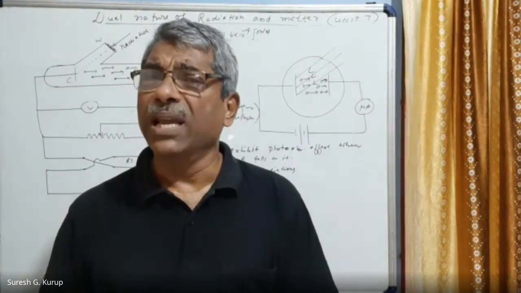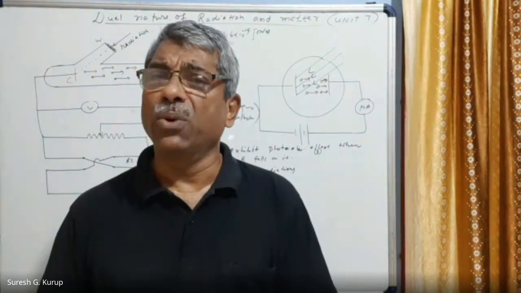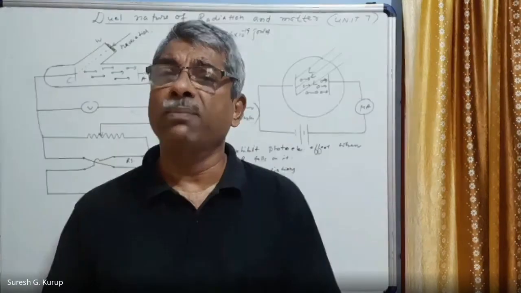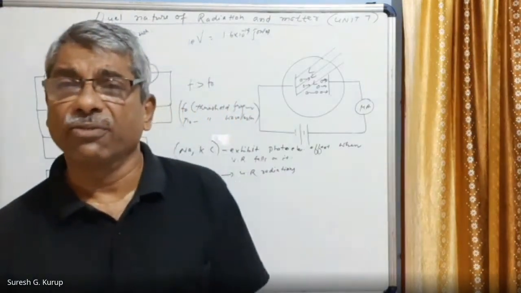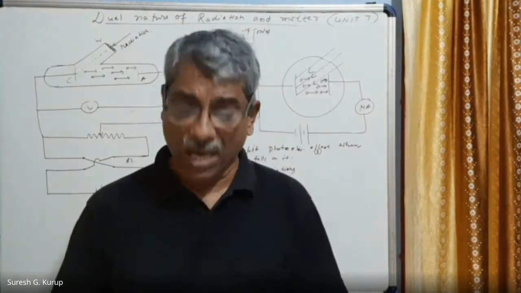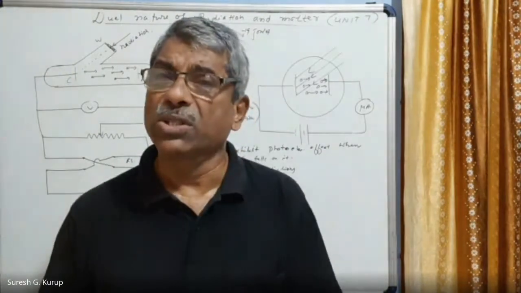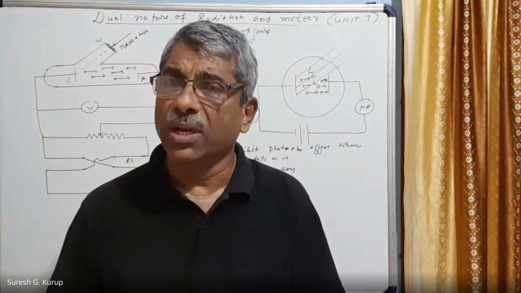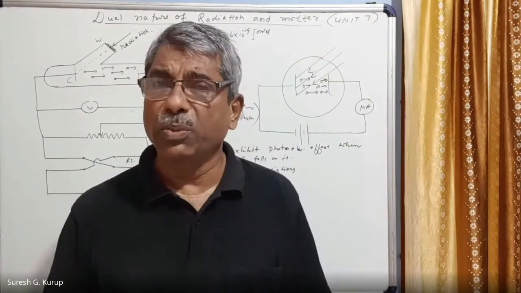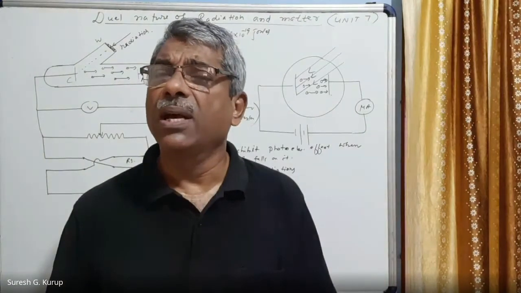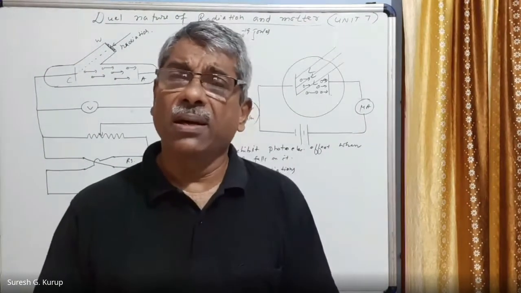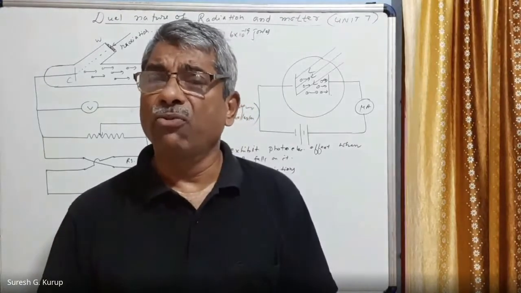That means when the energy of the photon is equal to the work function of the metal, then electrons, after absorbing this energy, are able to come out of the metal surface. Such electrons are called photoelectrons. Also, you must remember that alkali metals can show the photoelectric effect even when visible radiations fall on them, right?